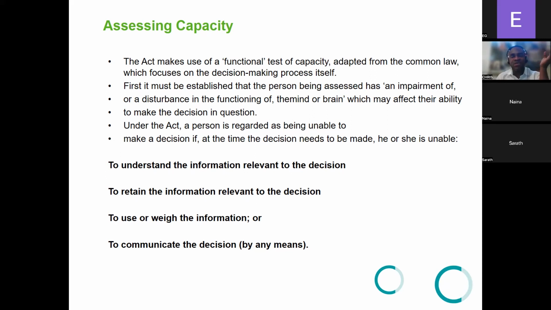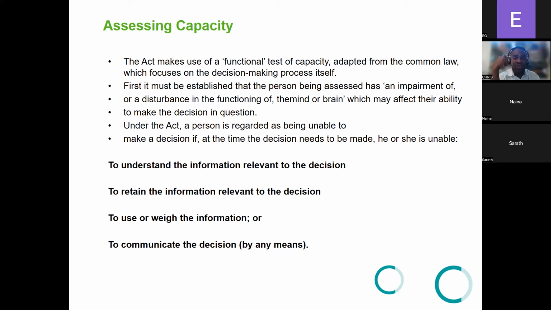Maybe it's a medical situation and the person has to receive infused blood to help save the person's life, and the information being communicated, the person can't hear, the person can't understand. The doctors or whoever next of kin would take the decision for the person must be able to establish that this person does not understand the information that we are conveying to him or her in the hospital bed concerning this situation. It should be established.